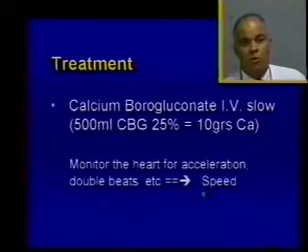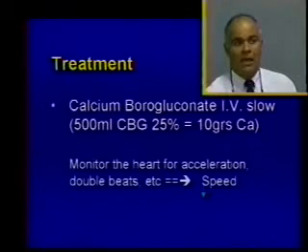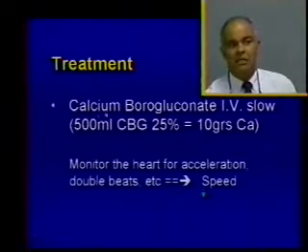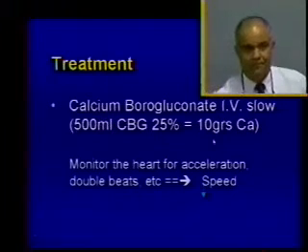The treatment, of course, is to relieve the hypocalcemia. The most common treatment is a calcium borogluconate solution given intravenously, slowly. So 500 mL of a 25% calcium borogluconate solution provides about 10 grams of calcium, and this is what we need to correct the hypocalcemia.